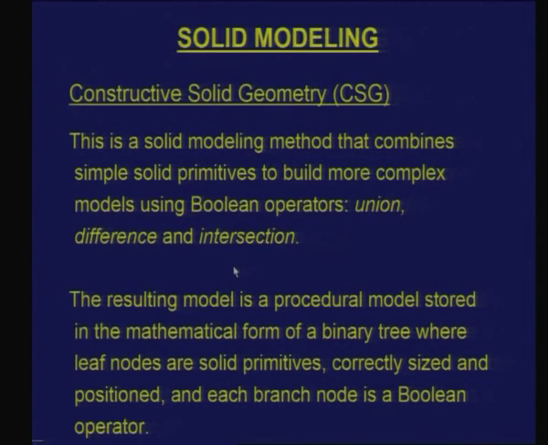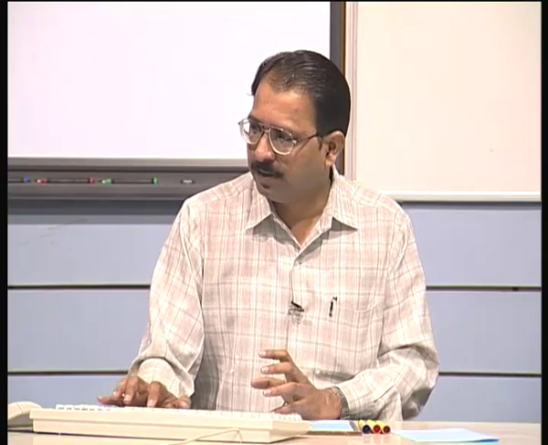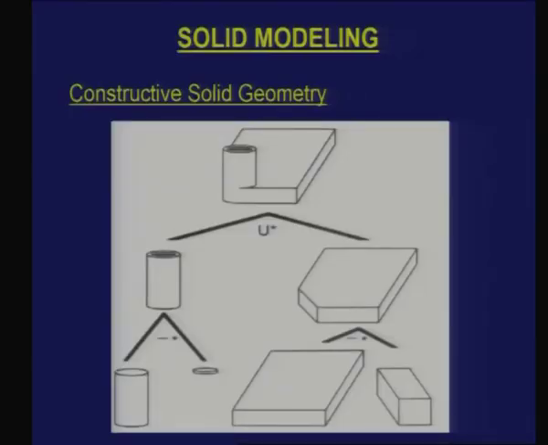These Boolean operations are actually mathematical, or you can say geometric, operations which are performed in order to build more complex objects. I will come to that using an example. Here is an example of building a solid object using constructive solid geometry.